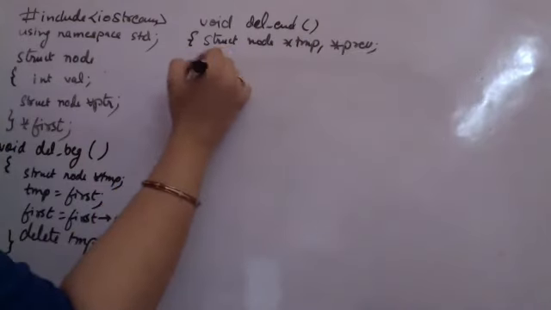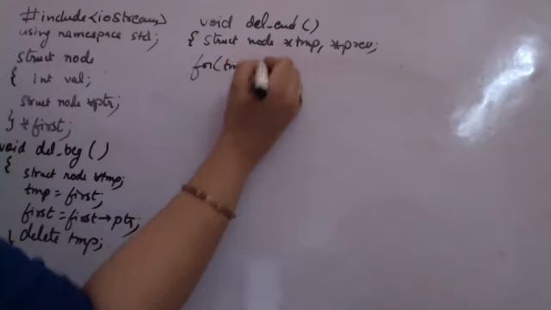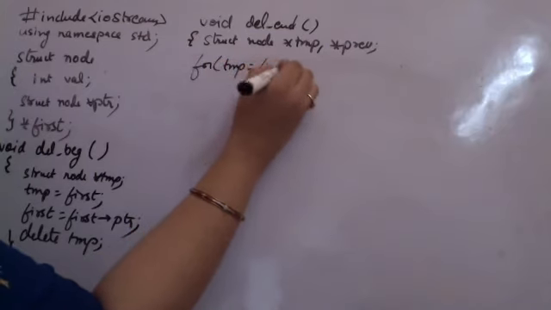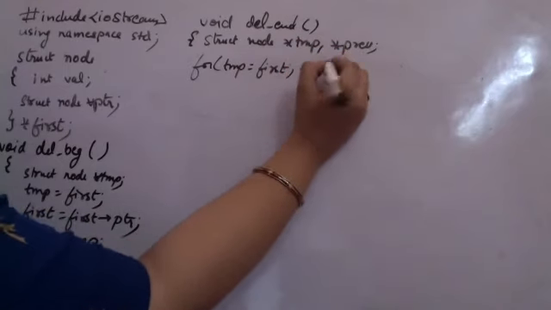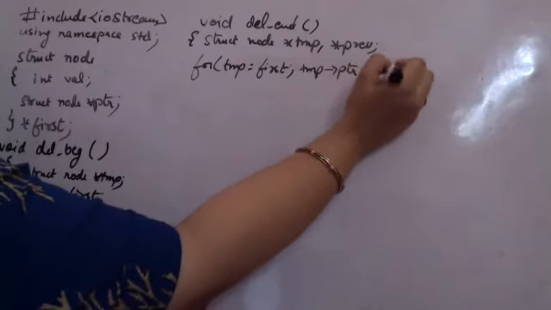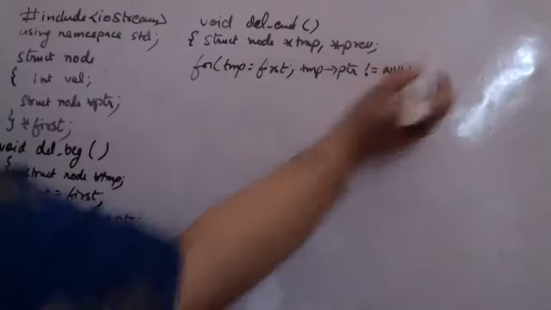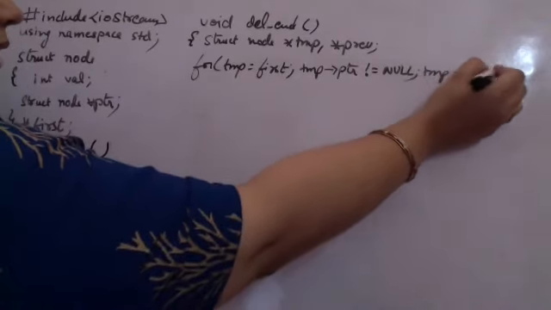And again, I'm using the same for loop, temp is equal to first. Now here, since I'm deleting from the end, temp pointer should not be equal to null, and temp moves to temp pointer every time the loop is executed.